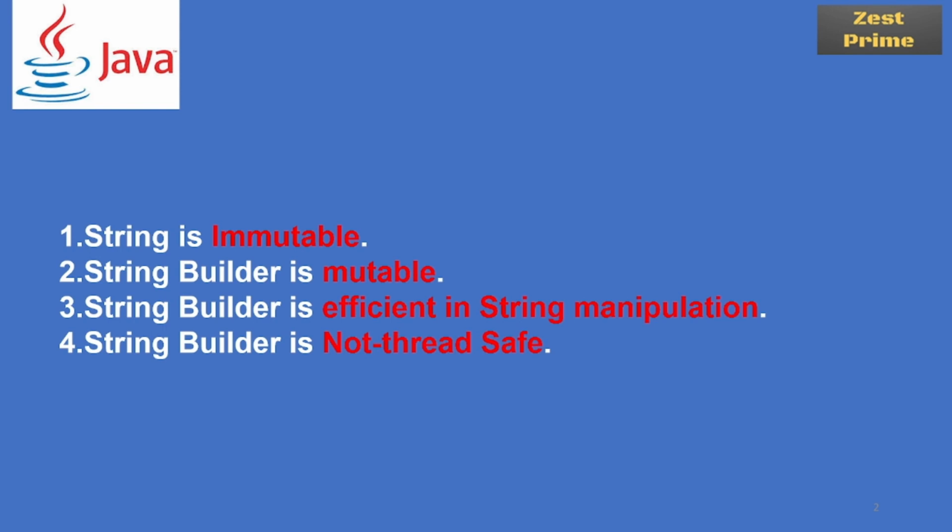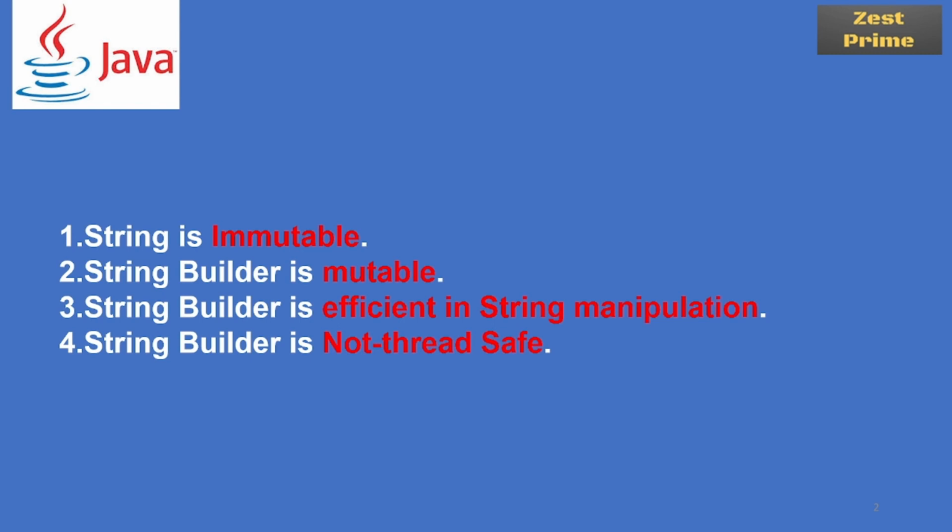Whereas StringBuilder is efficient in case of string manipulation. That means whenever you are working on a string which needs to be modified again and again, either adding, deleting, or updating, in that case StringBuilder is more efficient than String. And the fourth difference is StringBuilder is not thread safe.